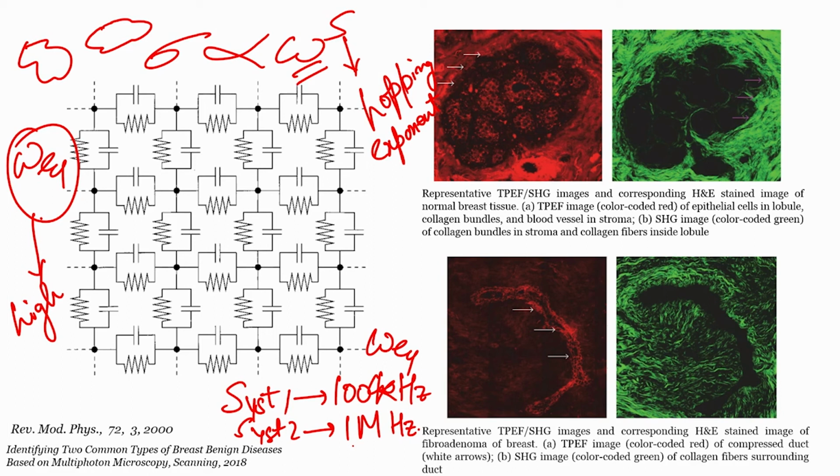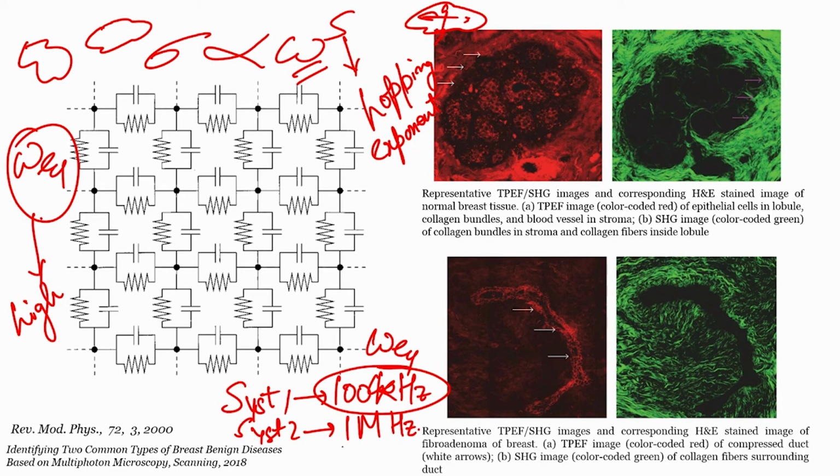What do these two frequencies tell about the system? It tells us that in system 1 the correlation length is so large that at a frequency as low as 100 kilohertz itself, the particles have started oscillating within the island.